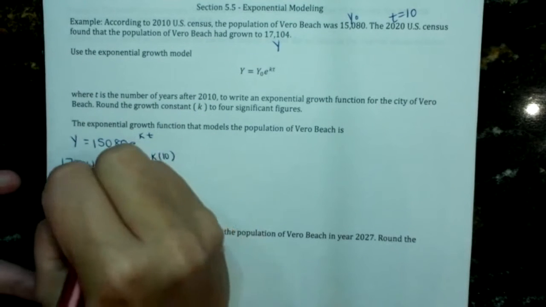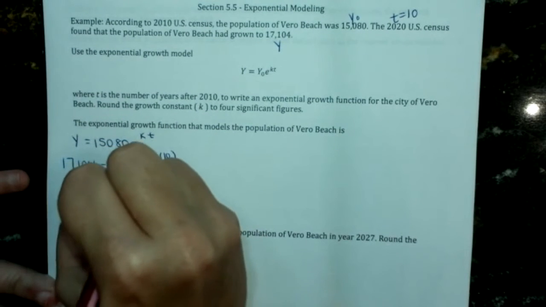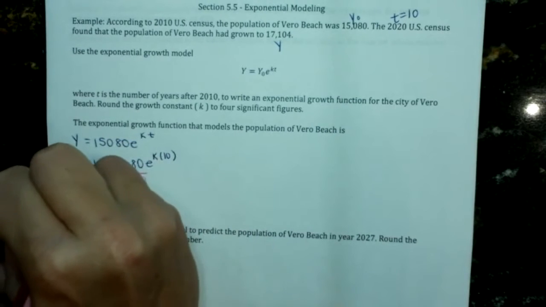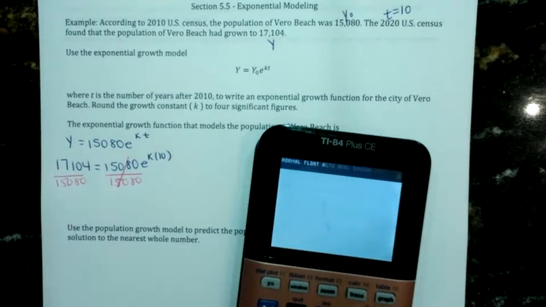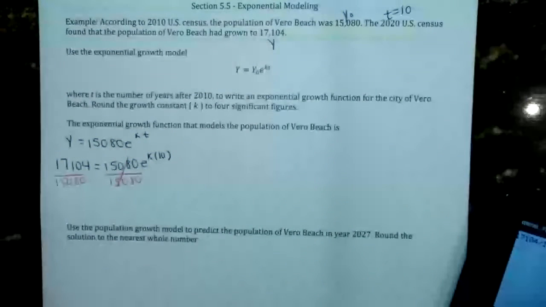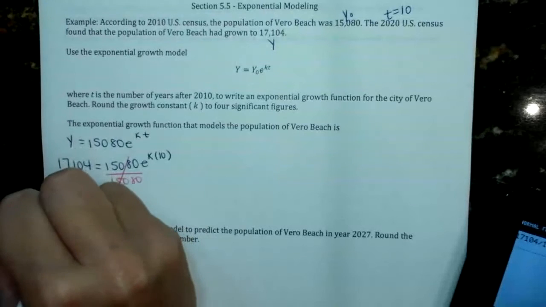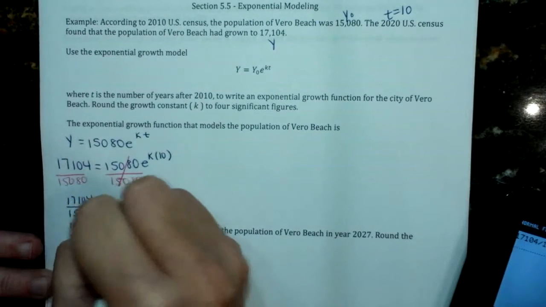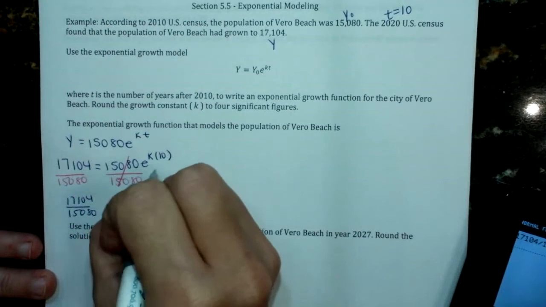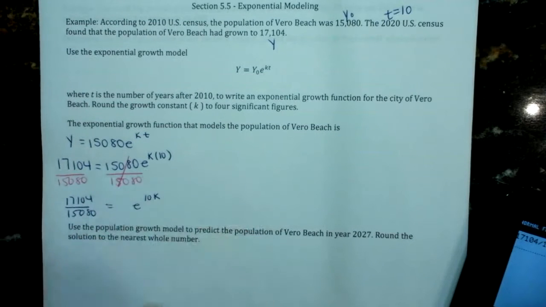So let's get e by itself. Let's divide both sides by 15,080. Those cancel. 17,104 divided by 15,080 is an ugly decimal, so just leave it as a fraction. So 17,104 divided by 15,080 equals e to the k times 10, so 10k.